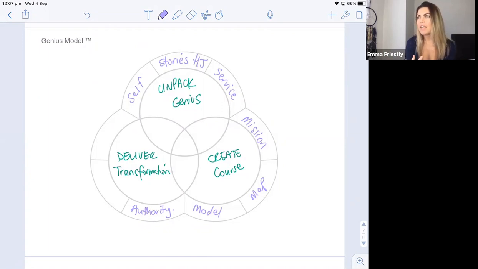Get clear of, again, who you're about, how it's embedded within you, where by being your authentic self, by sharing your own truth, your own genius, you just attract and create the culture that your tribe want to be a part of. And so they seek you out.